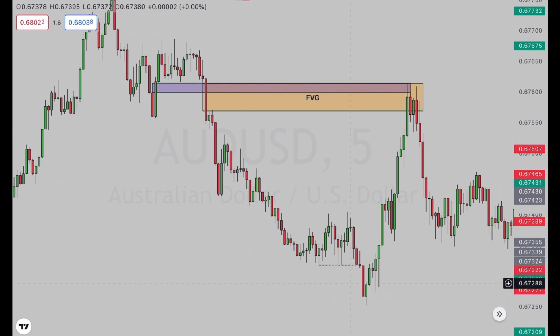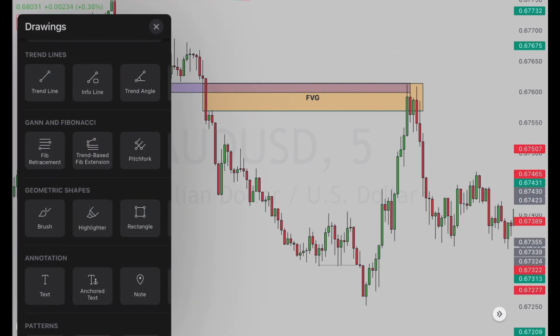Only a liquidity grab needs to happen in order for it to have enough power to go up to that imbalance. Okay, so right away we have equal lows taken out, which is a huge indication of a liquidity grab.